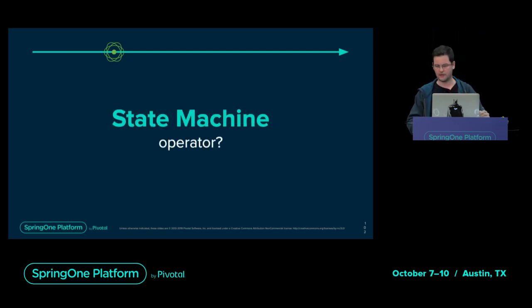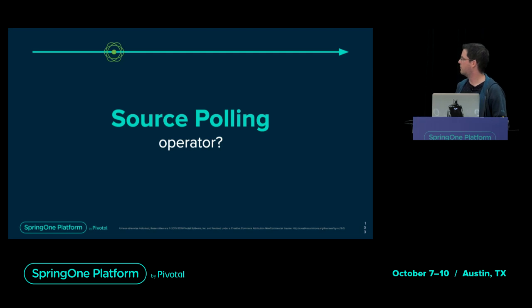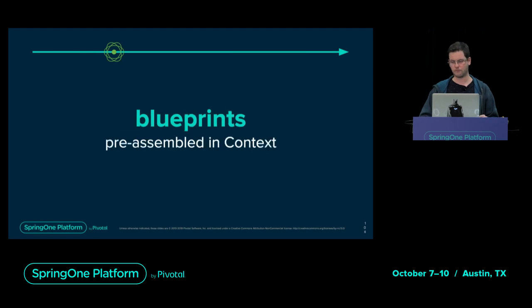We want to add maybe a state machine operator. That could be interesting. We want to add also probably a source polling operator, so a way to poll more classical sources or something like paging, that sort of stuff, with a baked-in operator that converts it to a flux.